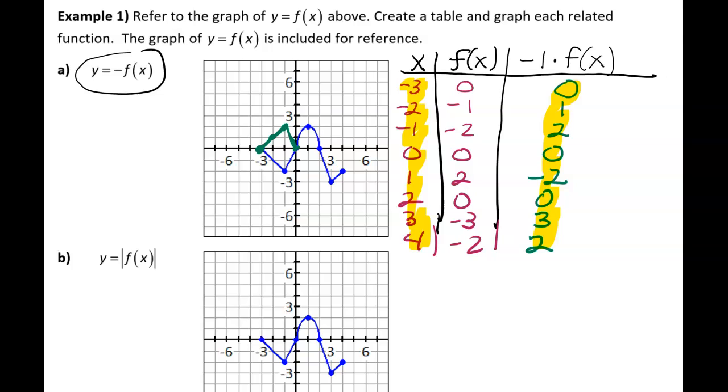And then 1, -2; 2, 0; 3, +3; and 4, +2. And you can observe that this one is a flip over the x-axis, or a vertical flip.